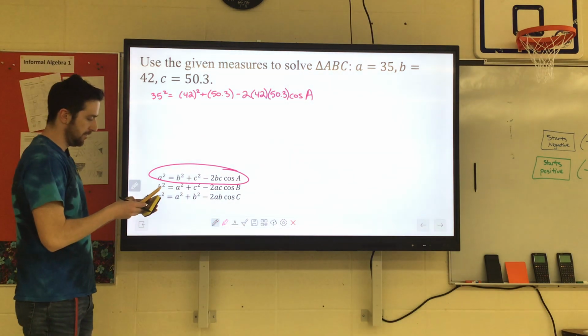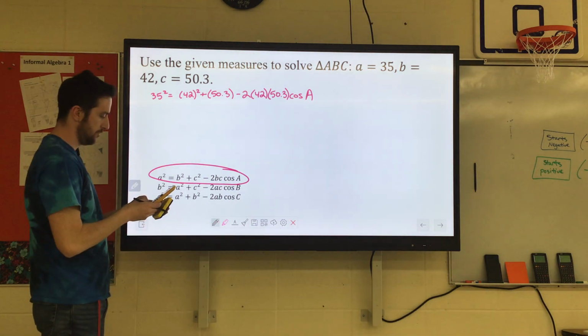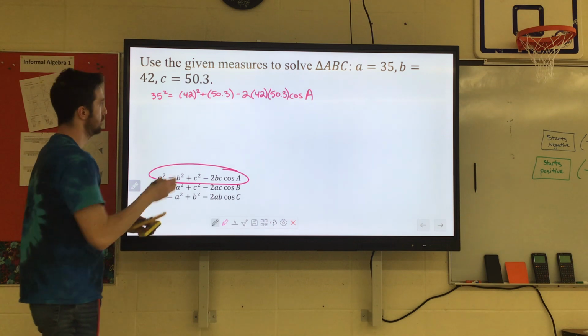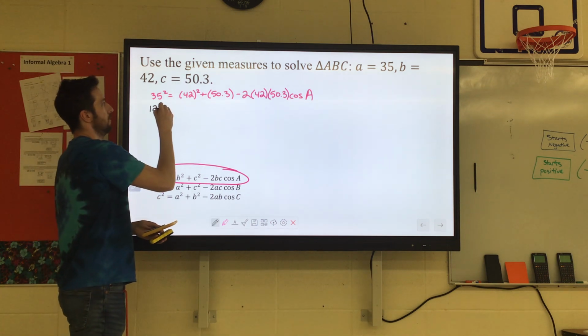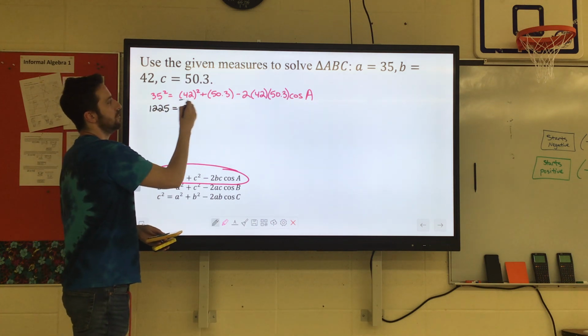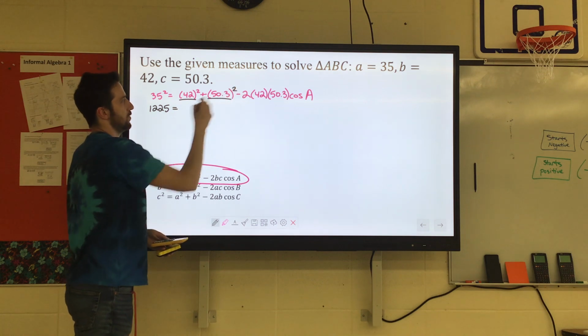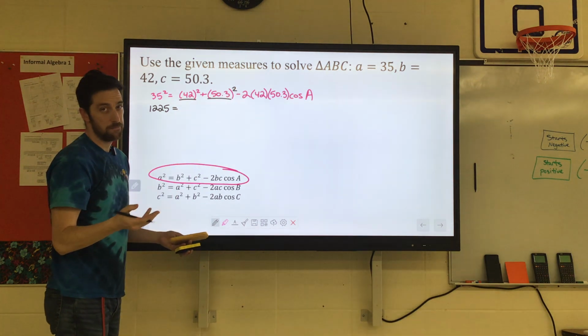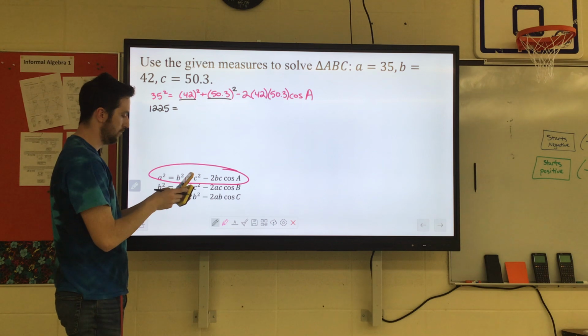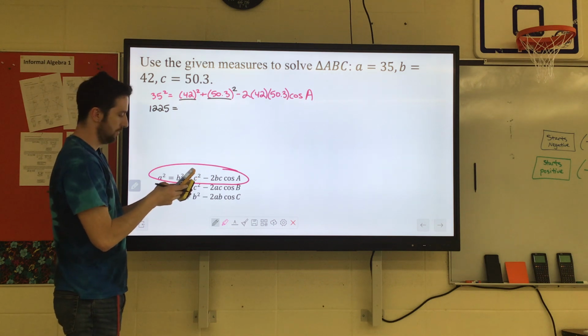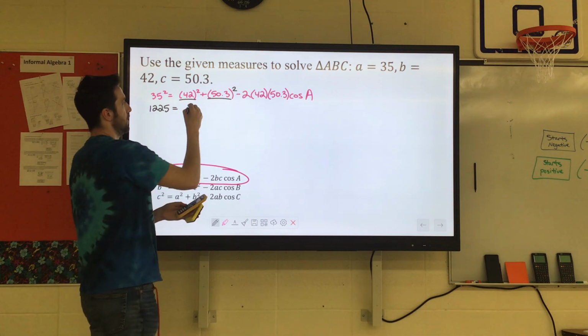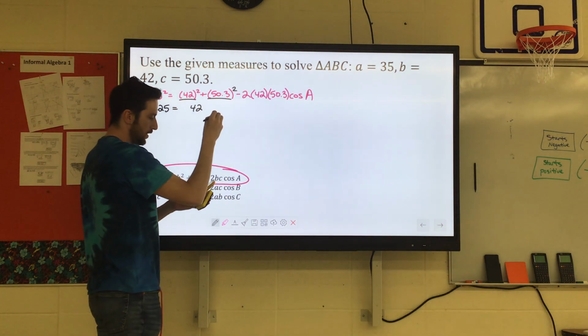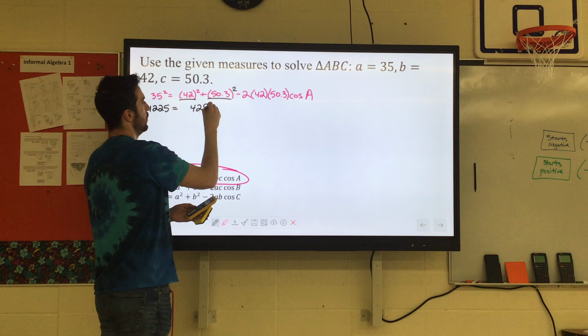So, calculator, help me out here. 35 squared, 1225. Look, you could do this in 2 steps. Whoops, I forgot the squared there. I'm just going to square them and add them together in my calculator. 42 squared plus 50.3 squared comes out to 4,294.09.